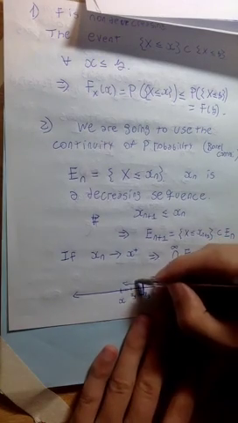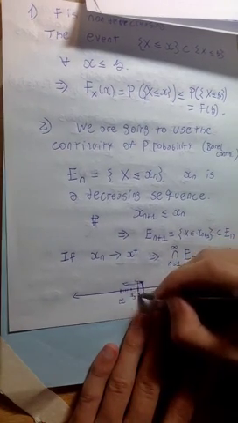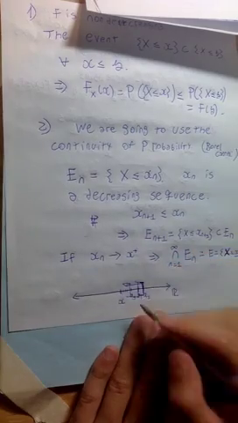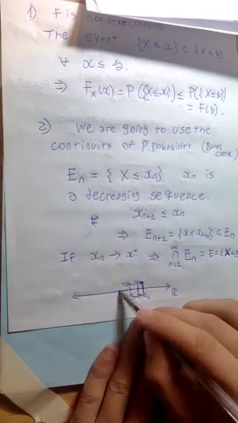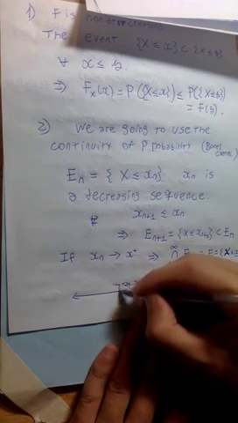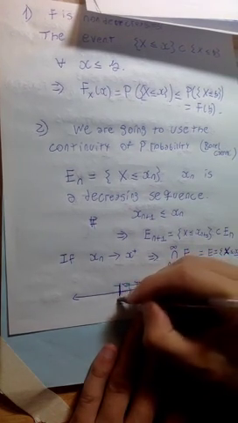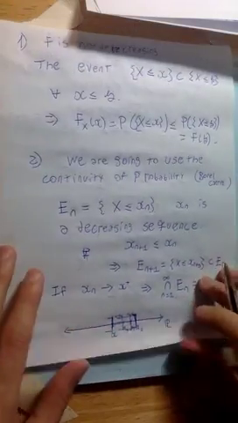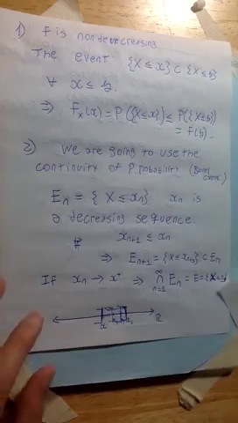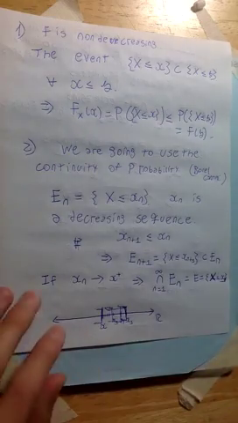Then we consider this smaller set here, and so on. But if we take the intersection of all of these sets, the intersection will eventually just be the set of those less or equal than x. Okay?